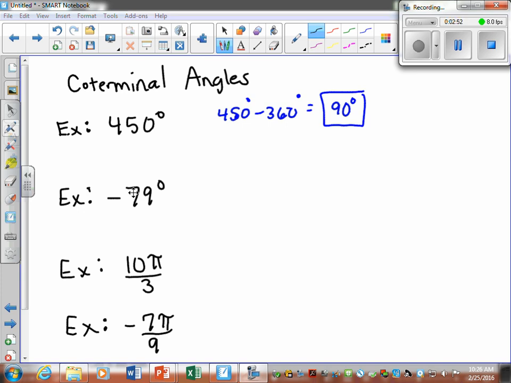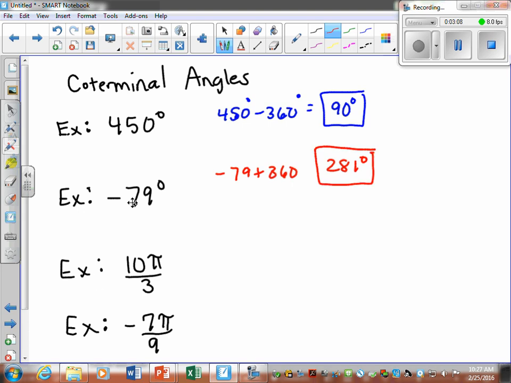Instead of subtracting 360, great, good job, we're going to add 360. So we would say negative 79 plus 360, which would give us 281 degrees. So negative 79 degrees is in the same location, same initial and terminal sides as 281 degrees.